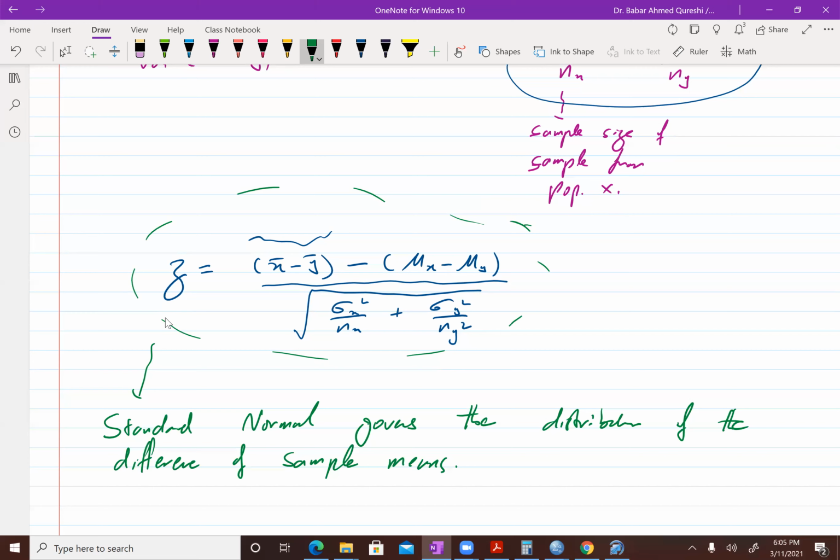So you can note that this is the distribution of the difference of sample means. Sample sizes can be different, but in the end what matters is only the mean, and the sample sizes get reflected in how you compute the standard deviation of this standard normal.